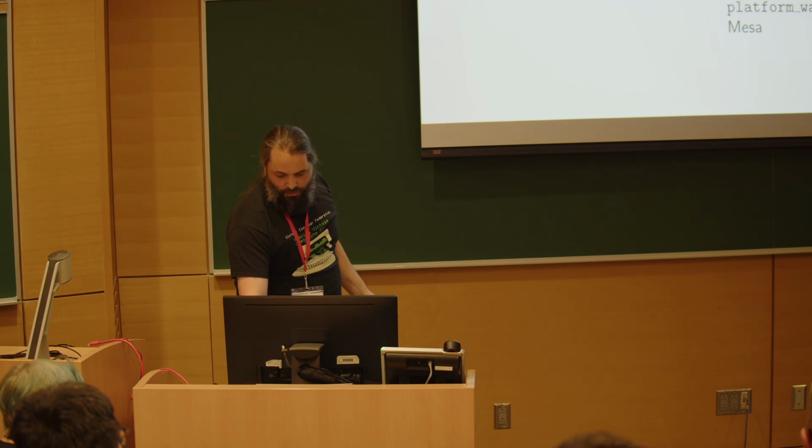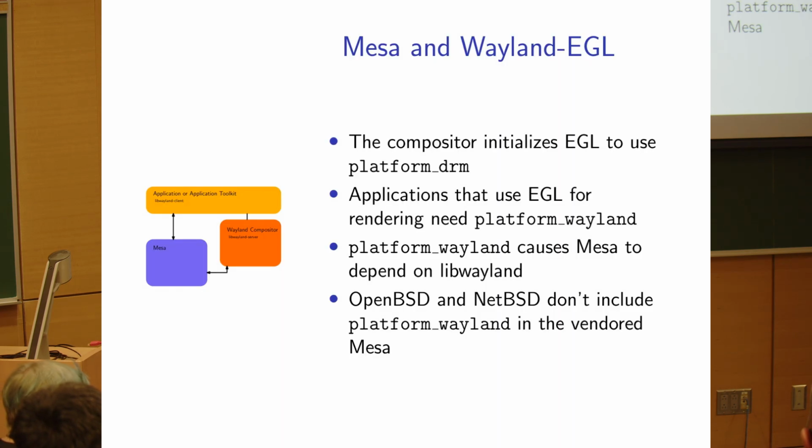I do a lot of work with EGL, and so when the compositor starts up, it starts up EGL with platform DRM, which is kind of the same way that an accelerated X server will start up. It starts itself up, makes itself DRM master, and then sets up EGL to use with this platform DRM backend. And again, because it's taking on the role of the X server, that is well supported across the vendor Mesas in all of the BSDs.